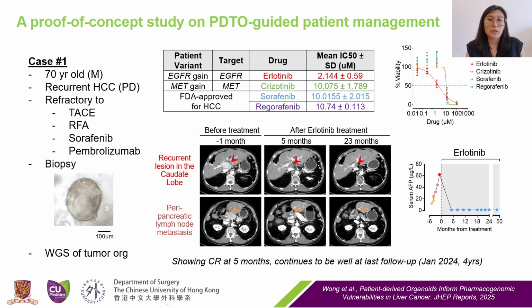The treatment seems to be quite robust, even 23 months in, based on the CT scan. And based on his serology, he continues to be quite well since the last follow-up, maybe around 4 years since he started the treatment. So the results were very encouraging.